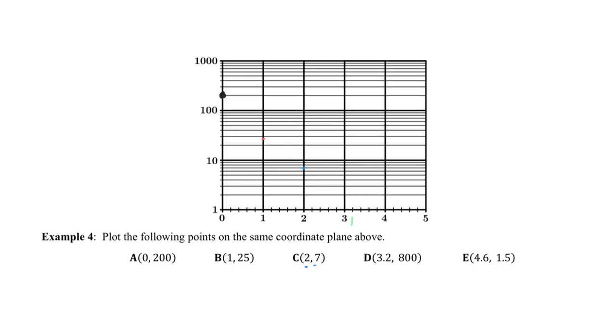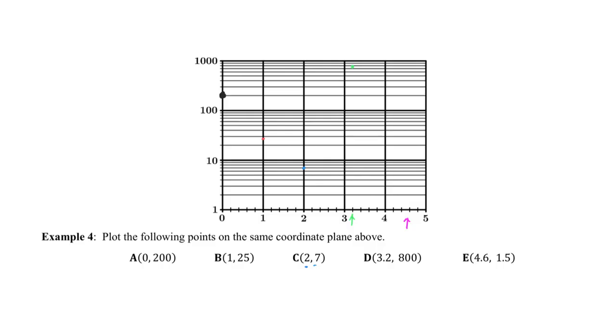So I'm going to be right here on this dash, and 800 is one of my numbers, so I go up here. I believe that's 800 right there. And then last but not least, 4.6: I go over 3 dashes, so we would go to this dash right there.